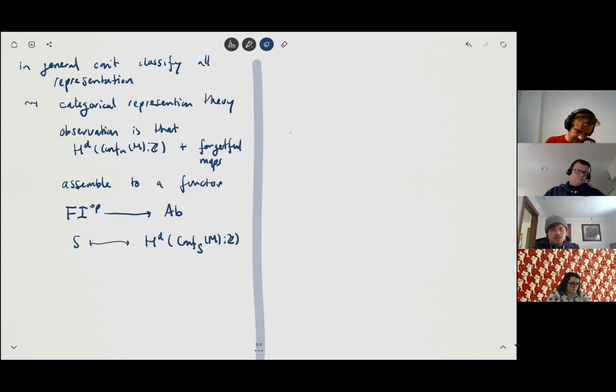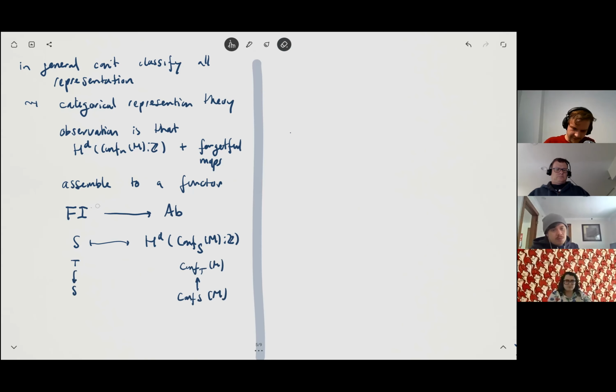So let's see, if you have a T sitting inside of S, you naturally get a map from the configuration space. Sorry, I made a mistake. There's no up there. Sorry for the confusion. So there's a map on configuration spaces which forgets all the points that are not in the image of this injection. And then when you take cohomology, you get back a map going the usual way.